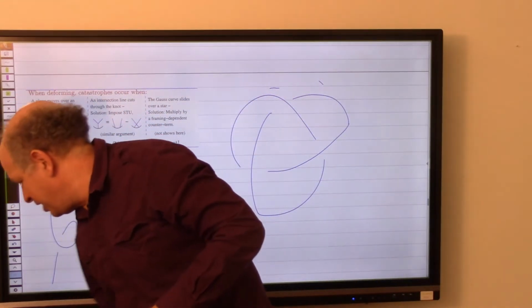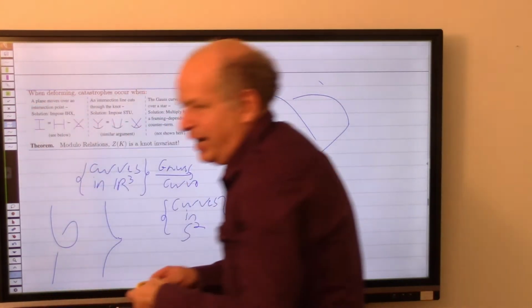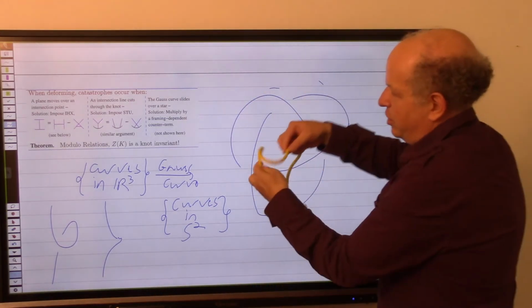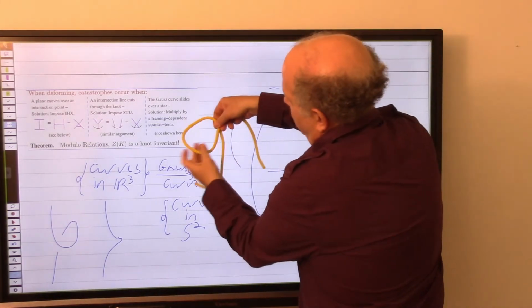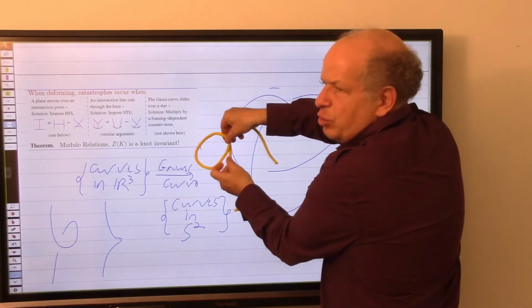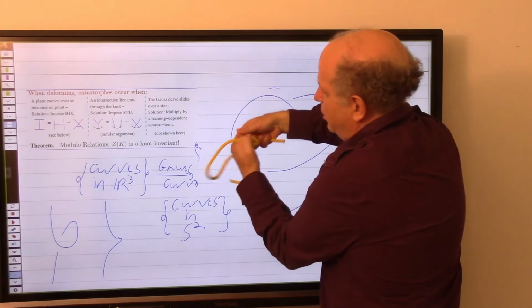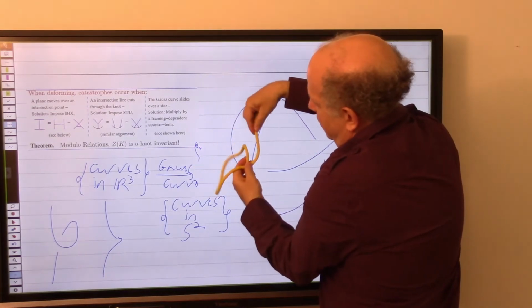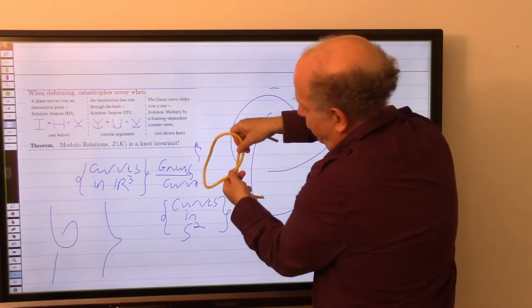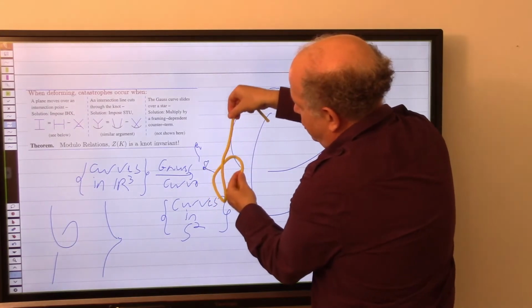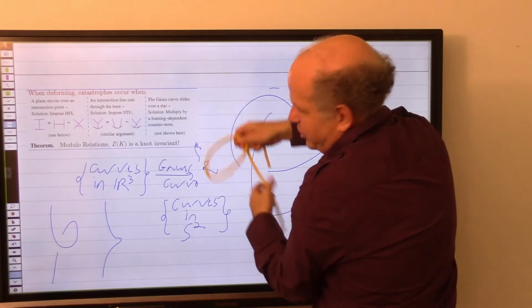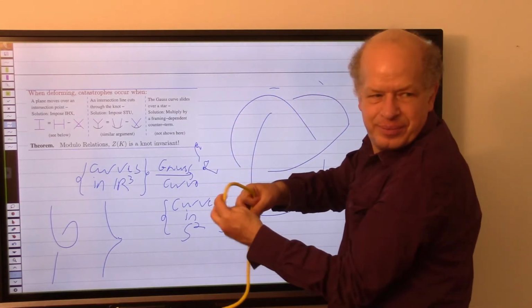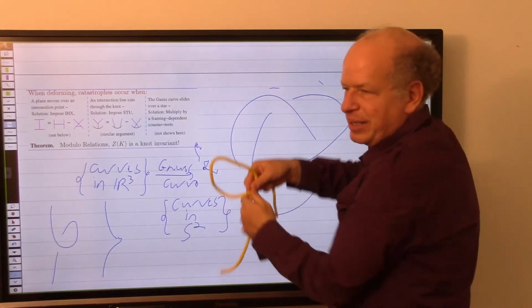Maybe I'll try to show it with an actual curve. So, here is a Reidemeister 1 move. Here is the kink before the Reidemeister 1 move. It's not rigid enough. I don't see the right object here.